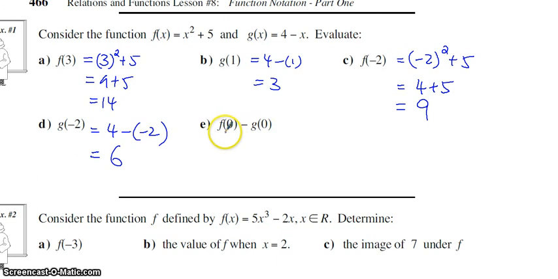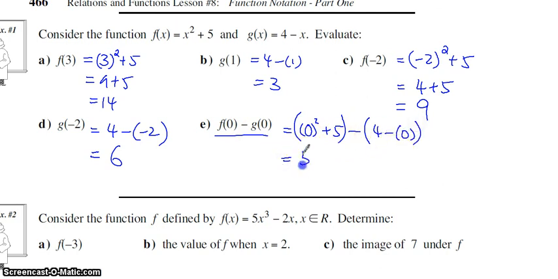Okay, here we go. What does this mean? Well, it means replace f of x with a 0 and then minus g of x. Now you minus the entire expression, so you can put a bracket around it like this. It makes no difference in this question, but it will make a difference if there's another number you distribute, or you need to evaluate that first before you minus it.